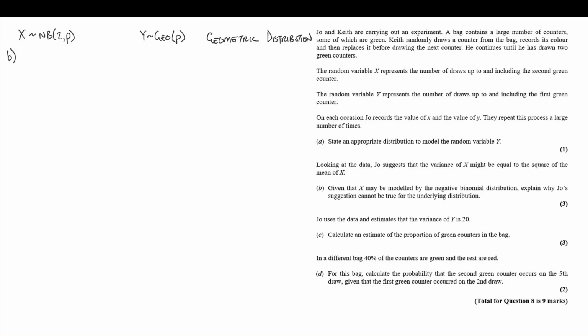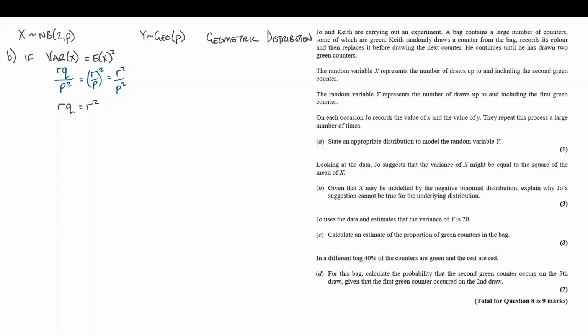So if that was true, then the variance of this negative binomial distribution, so rq over p squared, will equal the expectation of the negative binomial distribution, r over p, squared. Well, that's going to be r squared over p squared.